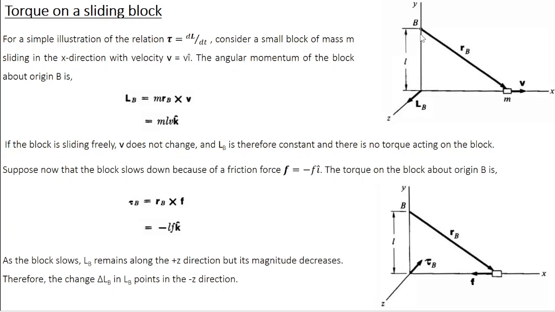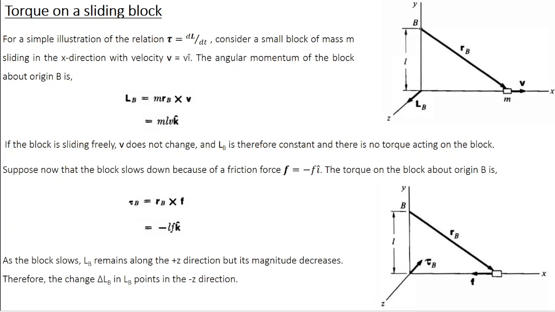R_B you can resolve into a parallel component and a perpendicular component, and the cross product with the parallel component is going to be 0. You need to bother only about the cross product with the perpendicular component. When you do that you will get m l v k cap. So this we have done in the previous class.